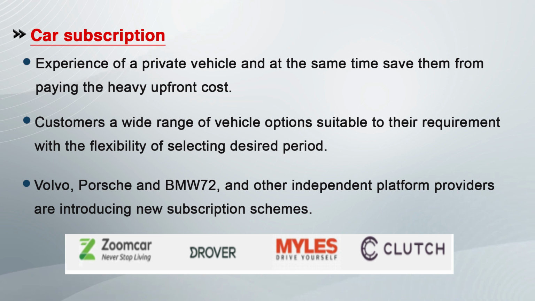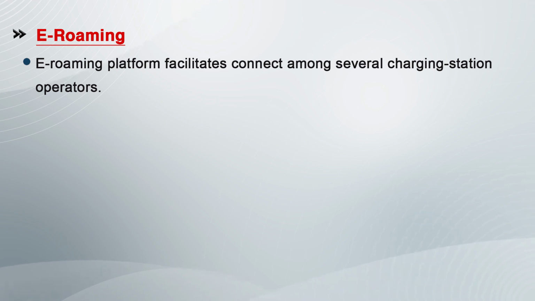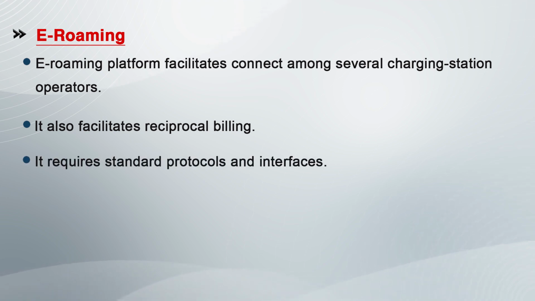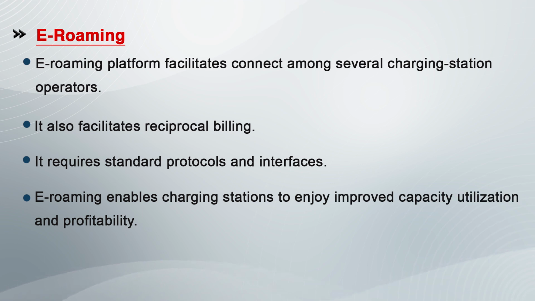mills, clutch. E-roaming. An e-roaming platform facilitates connection among several charging station operators. It also facilitates reciprocal billing. If you are a customer of one of the linked companies, you can charge your electric vehicle at a point operated by many other companies as well. It requires standard protocols and interfaces. E-roaming enables charging stations to enjoy improved capacity utilization and profitability, as the charging stations are available to both their own customers as well as to those of other providers.